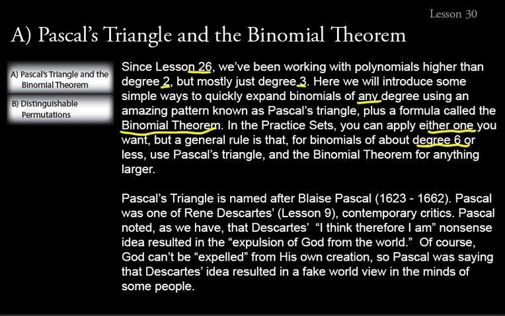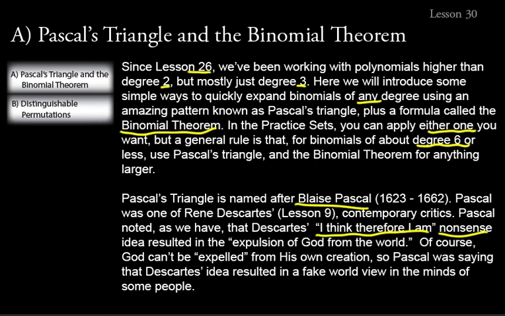So a little history on Pascal's Triangle. It's named after Blaise Pascal, and he was one of René Descartes' contemporary critics. And we talked about René Descartes before. Pascal noted, as we have, that Descartes' idea of "I think, therefore I am" is a nonsense idea. He said that it resulted in the expulsion of God from the world because it focused on self instead of the connection to God.